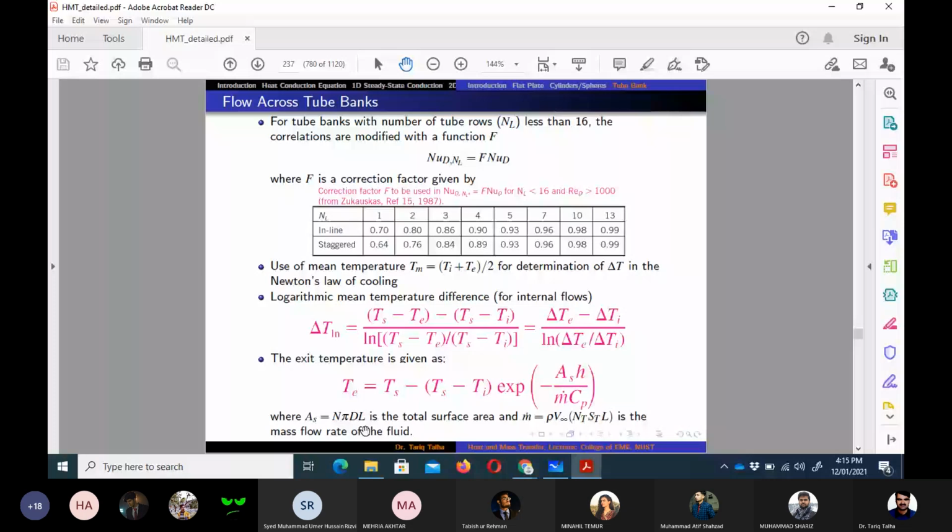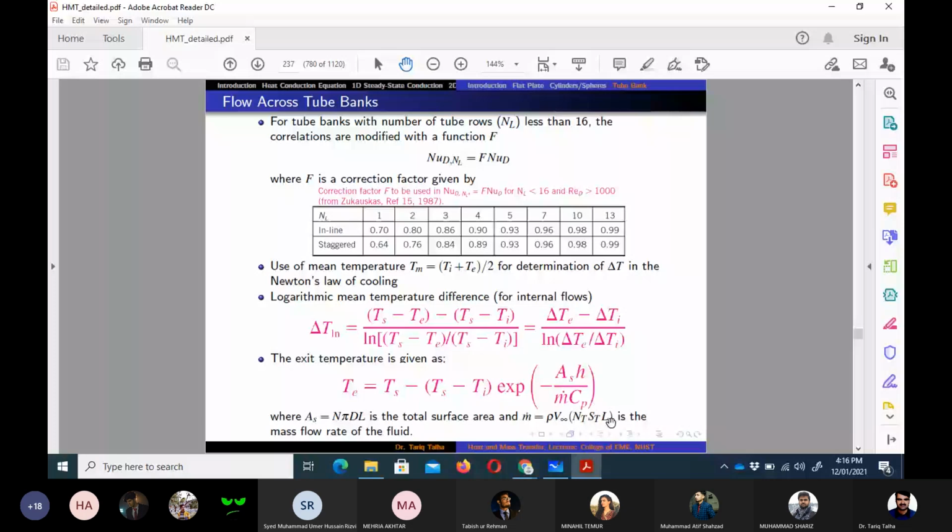And then m dot, the mass flow rate through the tube, would be equal to rho into v infinity into S, Nt into St into L. So it should be rho, not rho I. So Nt value we know, in the transverse direction we are being given 10 tubes, St value is given as 5 centimeter, and length again would be equal to 1.